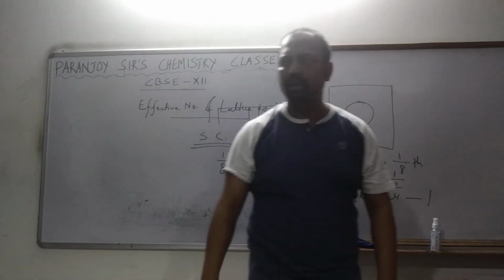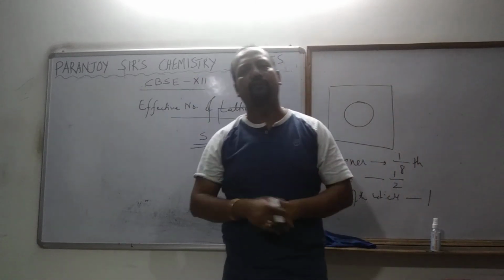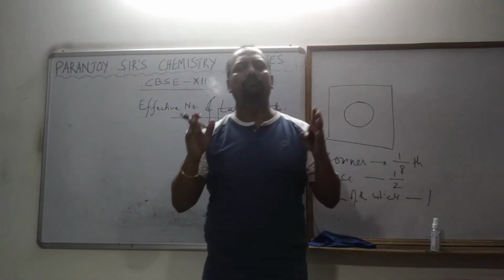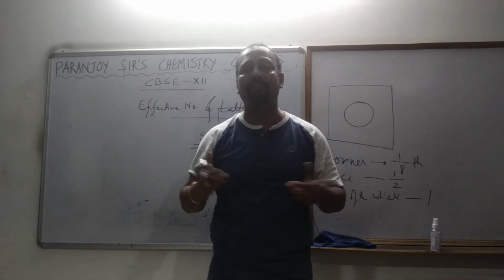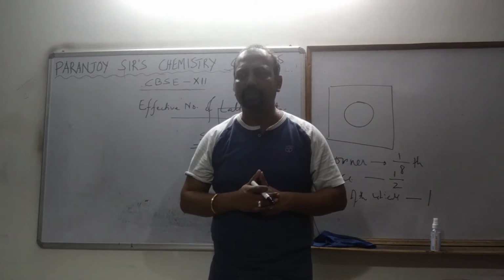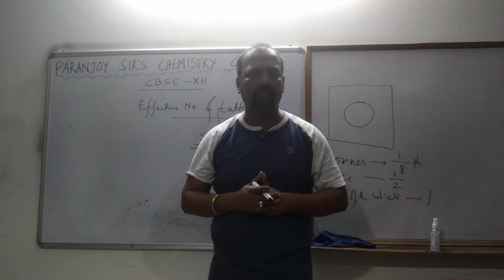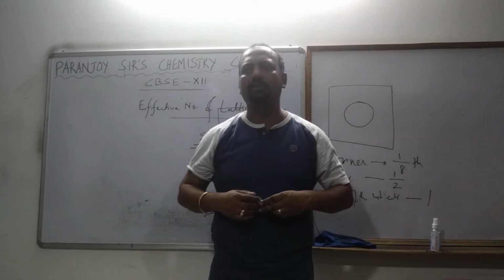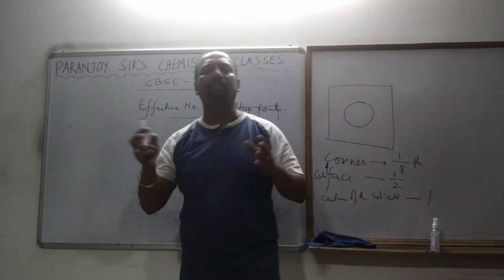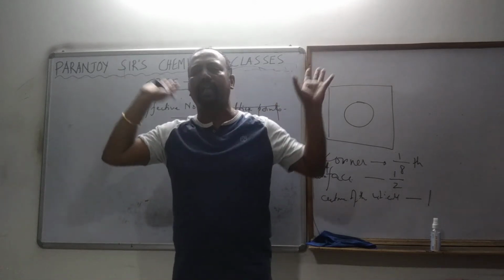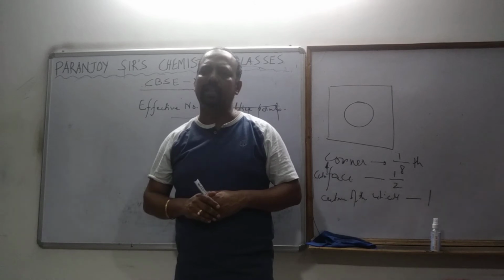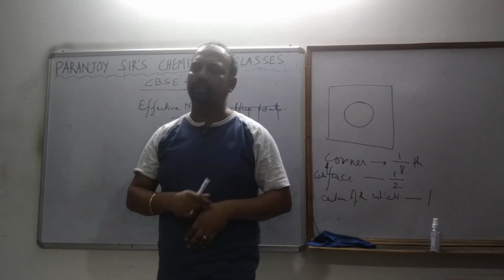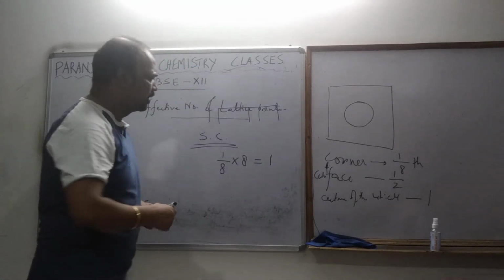Apparently it looks like 8, but it is not 8. Why not 8? Because the corner one is not completely of this unit cell, it is distributed among 8 unit cells. So each unit cell gets only a 1/8 share. So 1/8 into 8. That is for simple cubic.